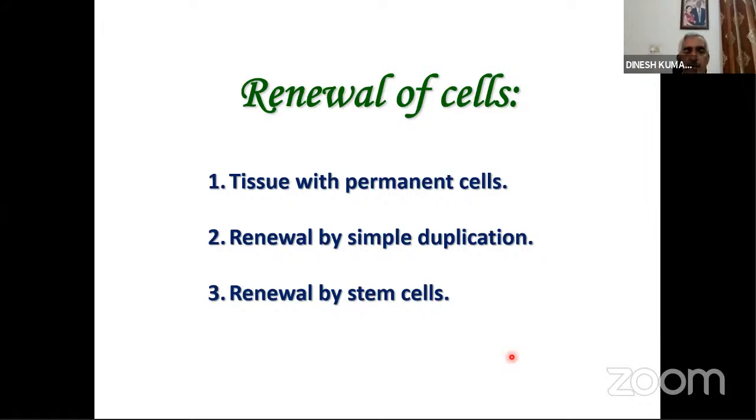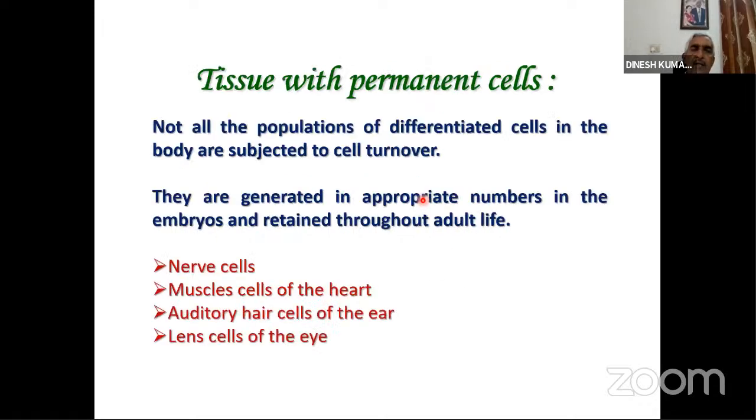Tissue with permanent cells: we will tackle them one by one. Not all the cells in the body are subjected to turnover. There are some cells and tissues in the body which are generated in appropriate numbers in the embryo and retained throughout life. Those cells are nerve cells, muscle cells of the heart, auditory hair cells of the ear, lens cells of the eye.